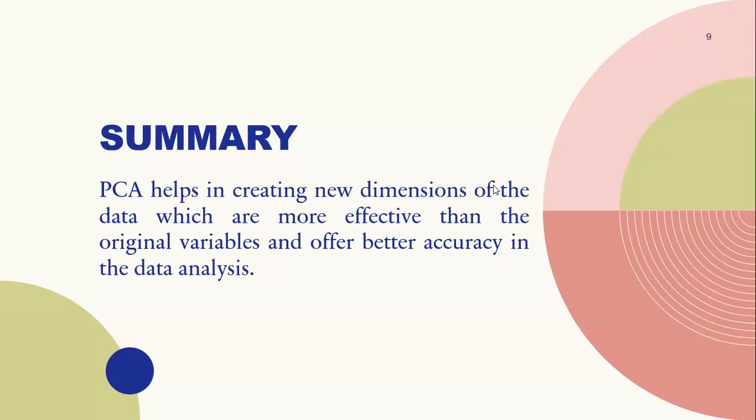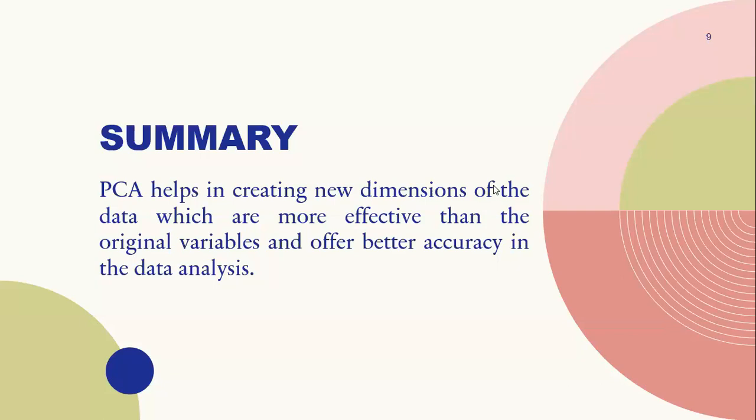Please don't think that because we have reduced the number of columns from 11 to 2 or 3, I'm losing some accuracy of my data or some important parts of the data. It's not like that. PCA helps you create new dimensions, new columns of data, which are more effective than the original variables and are created from original variables only, and they also offer better accuracy in the data analysis.